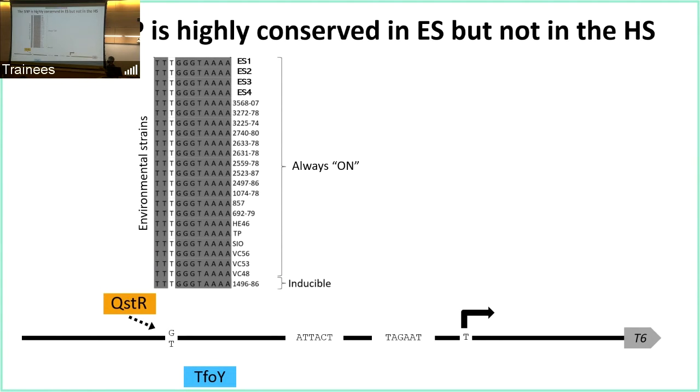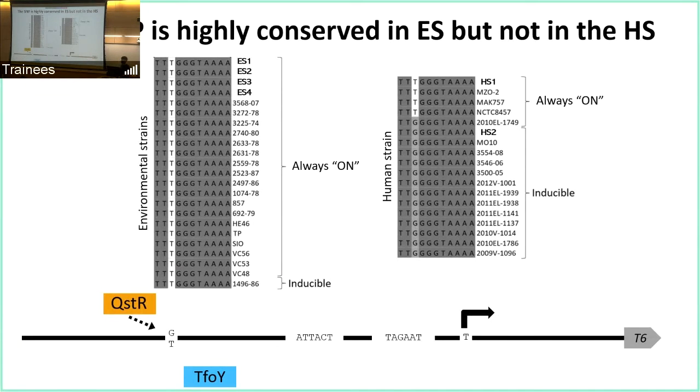The type 6 is always on, with one exception. And then we have a list of human strains where a subset of them has a T that is always on, and a subset of them is inducible and has a G. So this is pretty conserved with what we found: when they carry a T, their type 6 is always on. When they carry a G, their type 6 becomes inducible.